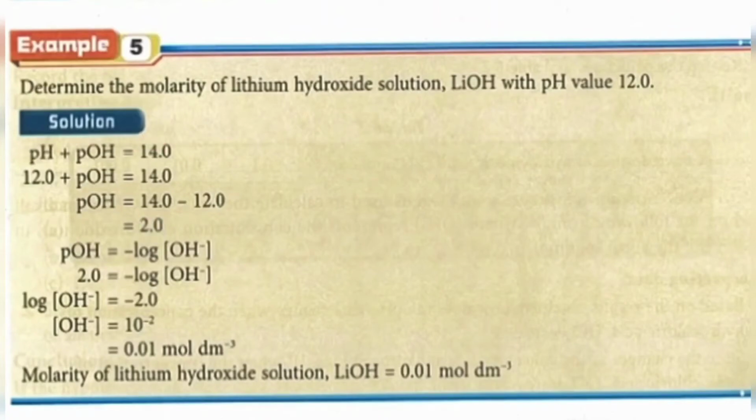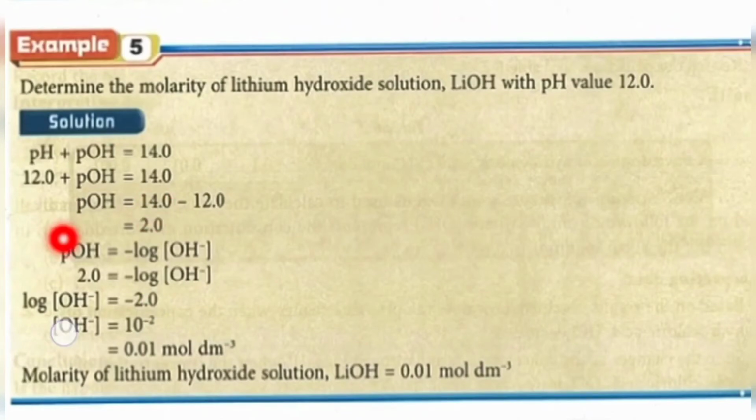We want to find the concentration of hydroxide, the molarity of the lithium hydroxide solution. We use this formula: pOH is equal to negative log the concentration of OH minus. The pOH we get is 2, so we put this at the left hand side, and it becomes negative 2.0.